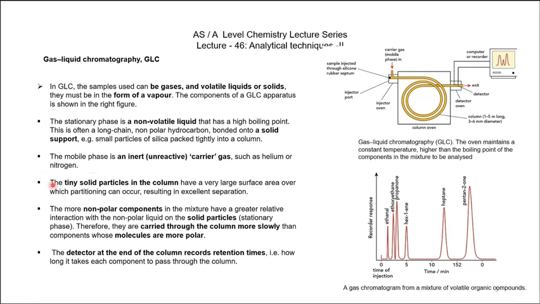The tiny solid particles in the column have a very large surface area, and partitioning can occur, resulting in excellent separation. Here we see a gas chromatogram from a mixture of volatile organic compounds.